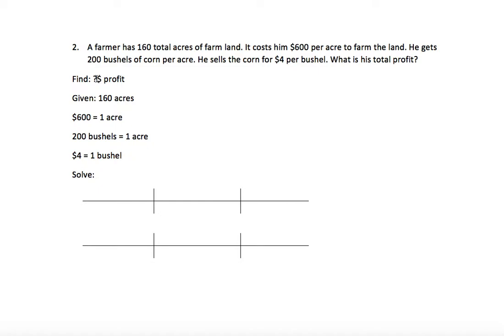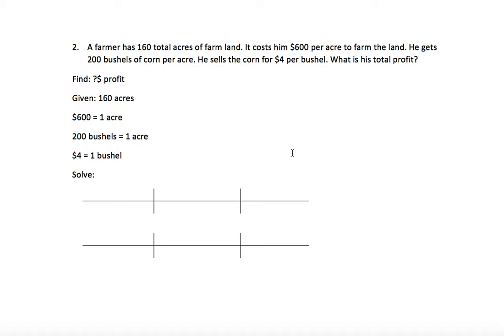So we want our answer to be in dollars, and we have two different things that involve dollars here. We have $600 equals 1 acre and $4 equals 1 bushel. But because this is a profit question, there's two different dollar amounts that we need to work on here.